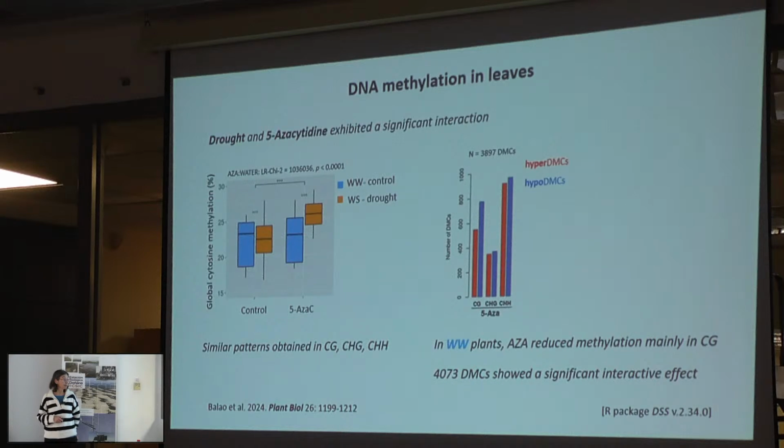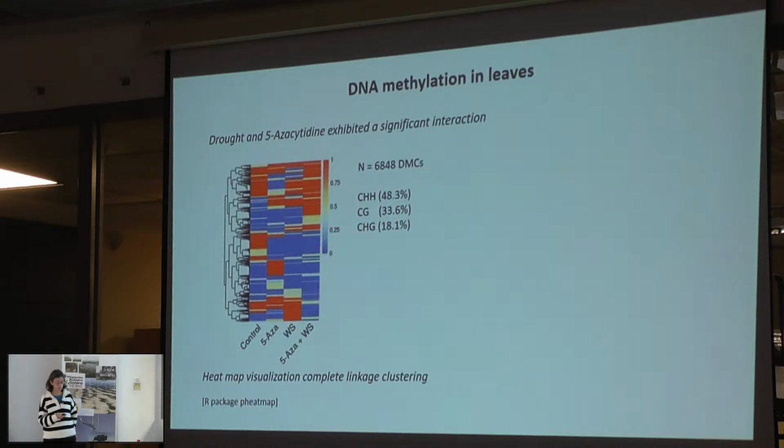The most striking part is that there are more than 4,000 loci in which there is an interaction between the two treatments, which we will see better with this representation, in which the four groups of plants are represented. We found altogether more than 6,000 loci to analyze. Most of them were in the CHH context, some also in CG, and the context with the fewest significant changes was CHG.